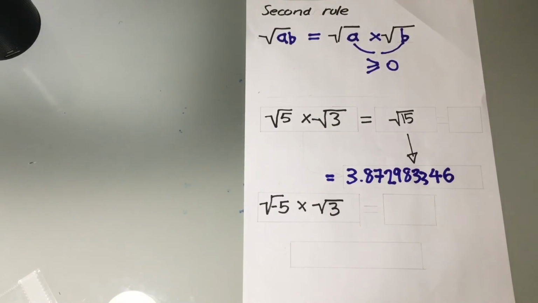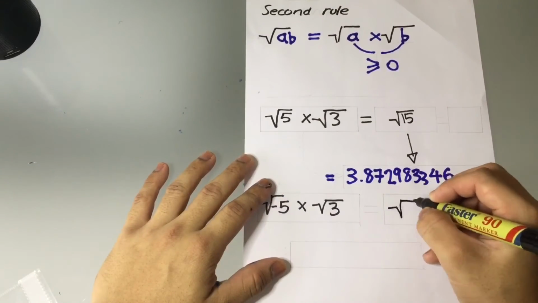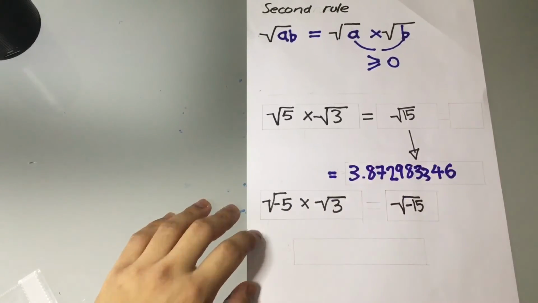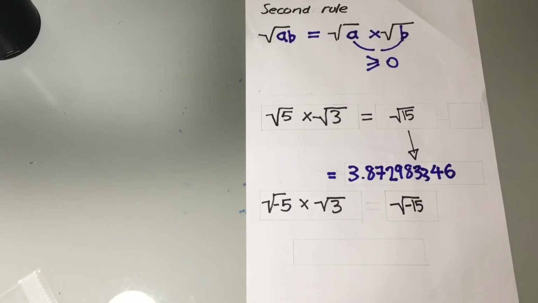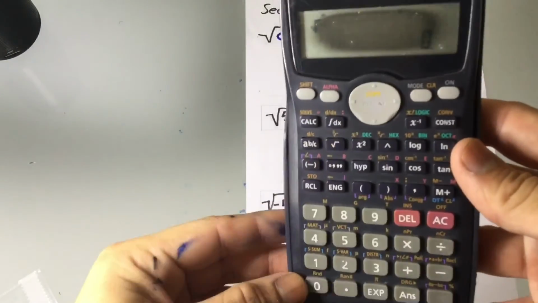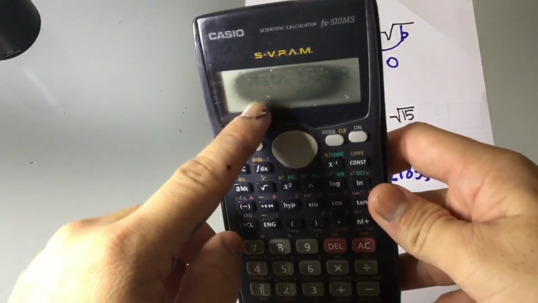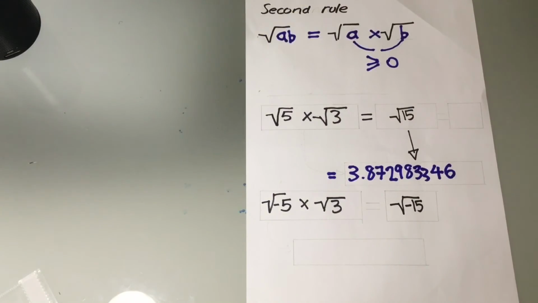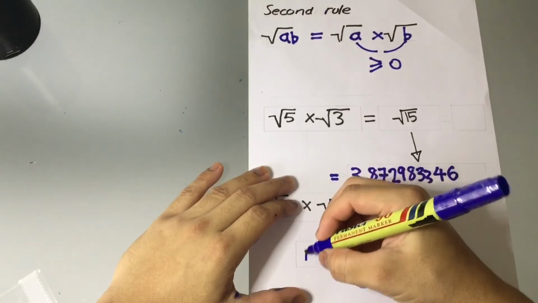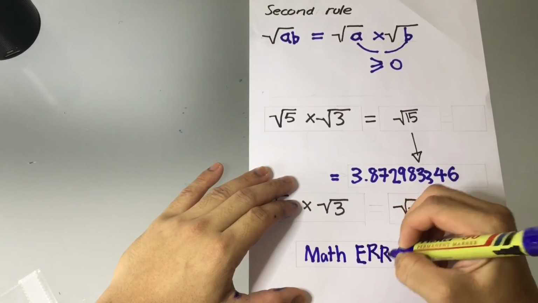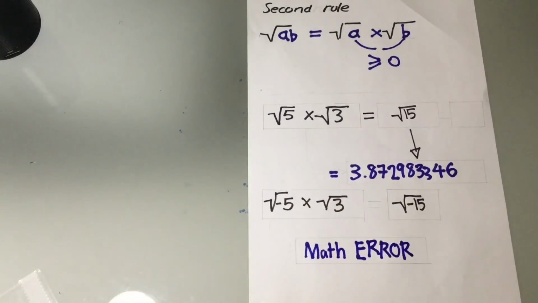If you try to do this manually, you're going to get the square root of -15. But the calculator will tell you differently. The result is going to be math error, which shows that this does not fulfill the second rule of the properties of surds.